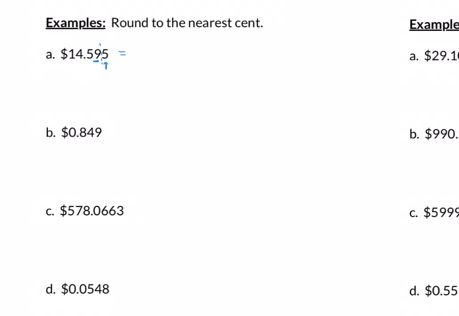If we look at the digit to the right, we have a 5, which tells me I want to round up. So I get $14, and add 1 onto 59, we get 60 cents. And again, we discard all the digits to the right.